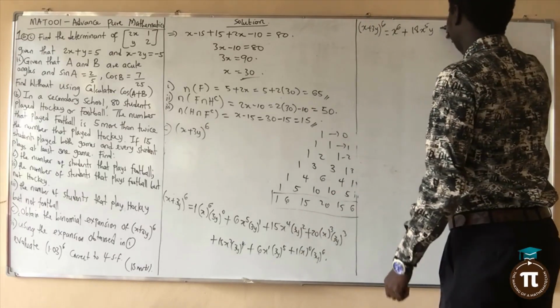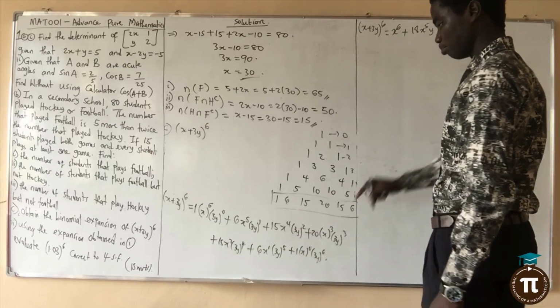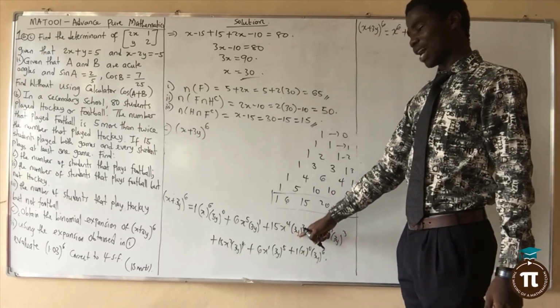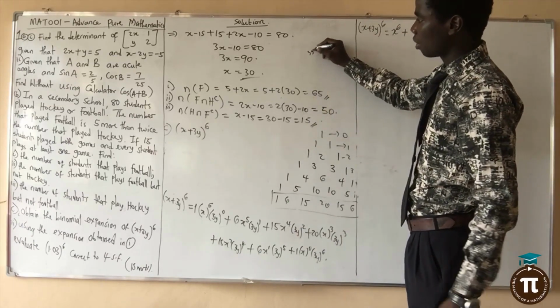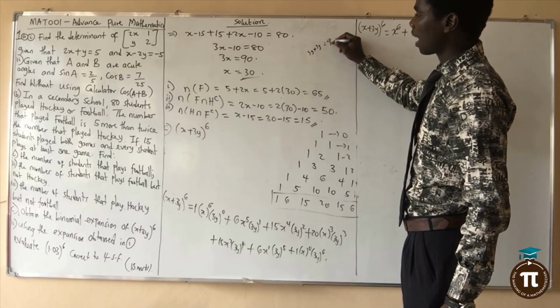Then I have plus 15, 3y squared, that is 3y multiplied by 3y, that will give you 9y squared.